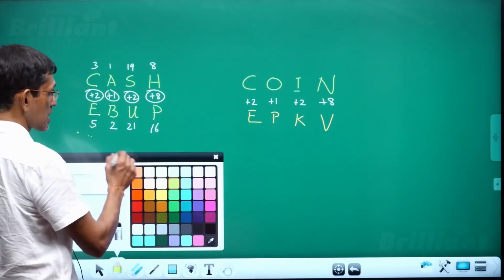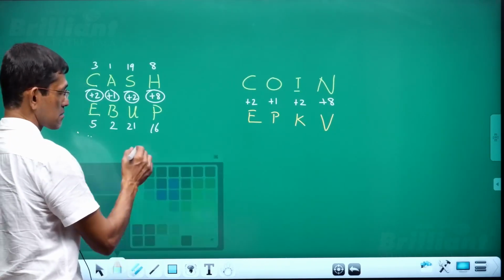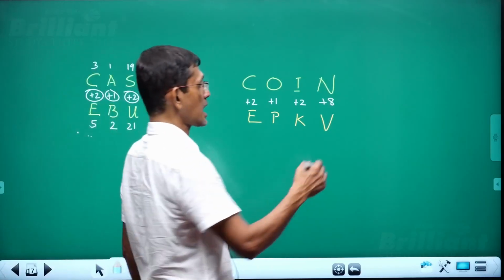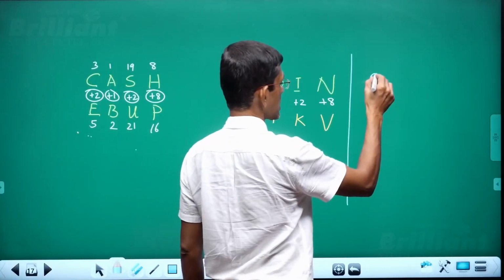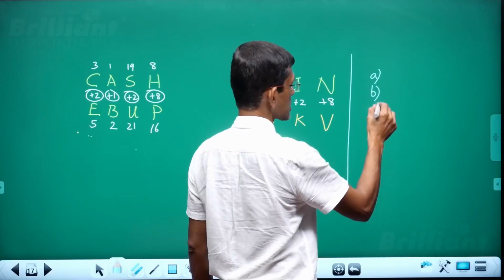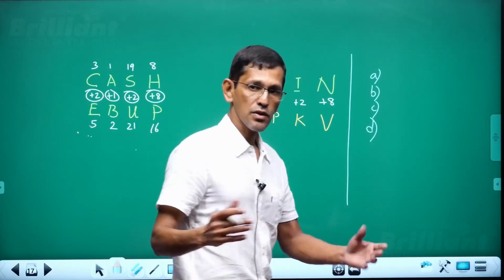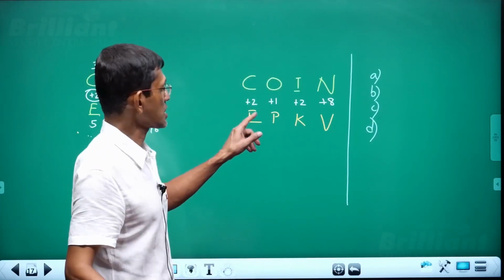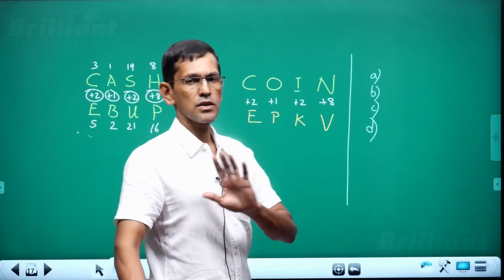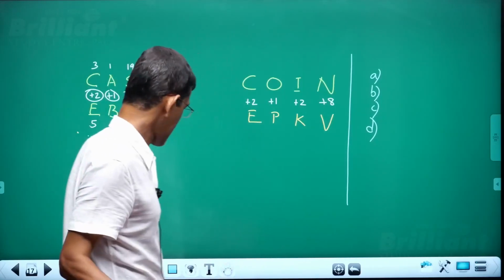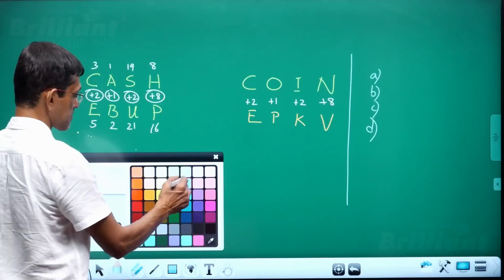However, usually for competitive exams, the answer choices would be given to you: A, B, C, D. Let's look at the answer choices. If you have an answer choice EPKV, then you are perfectly all right. Let's try the answer choices.